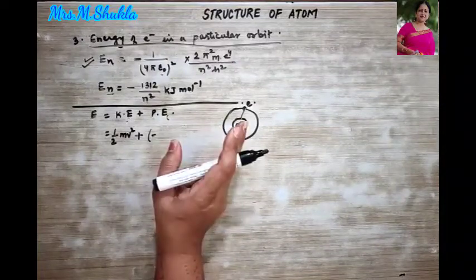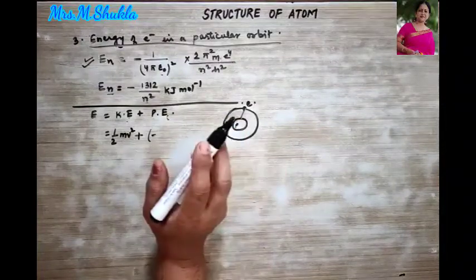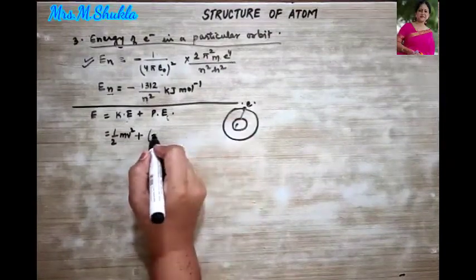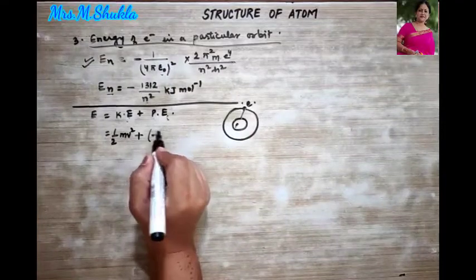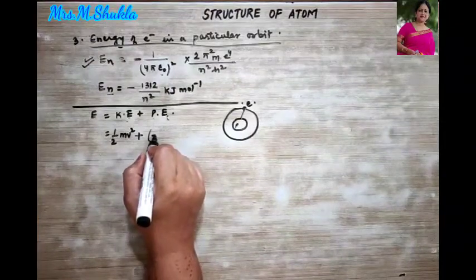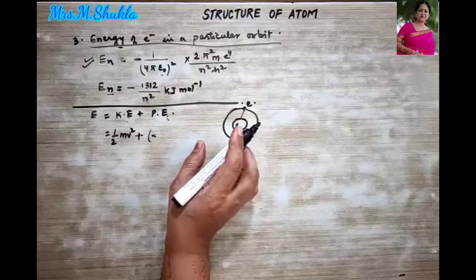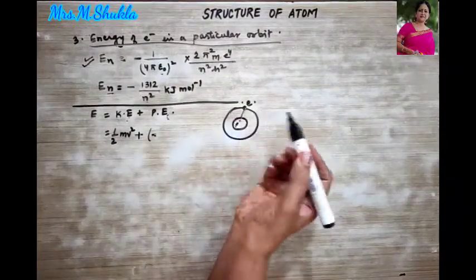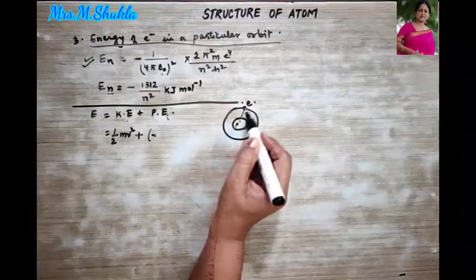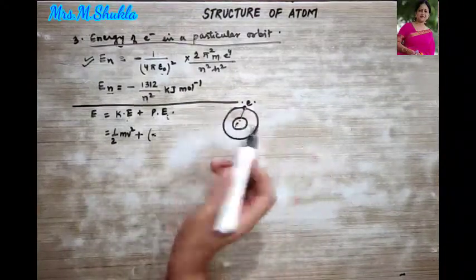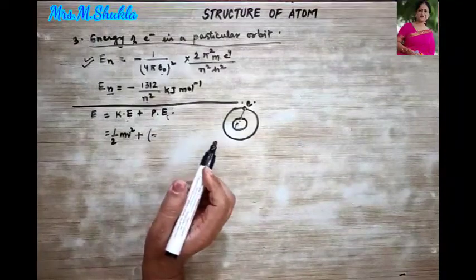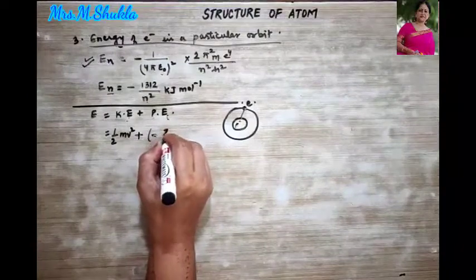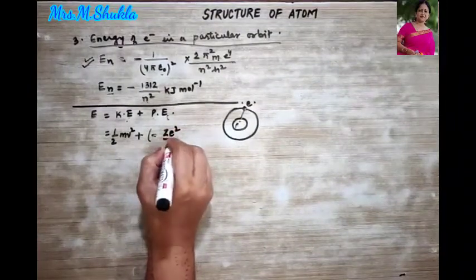Because the charges are opposite, and whenever the charges are opposite and they attract, the value will always be given in negative. So potential energy, what did I say? The force of attraction is over here, opposite charges are there, attraction is there, therefore the value will always be negative, and therefore potential energy will be equal to Z E square upon R.